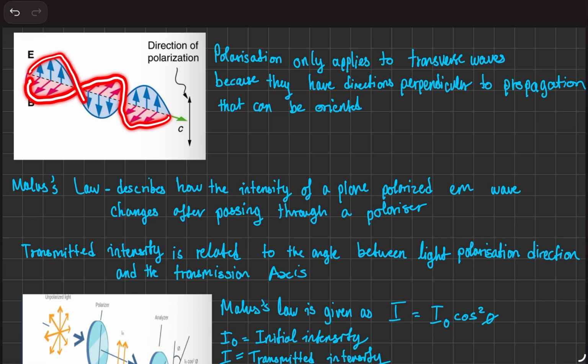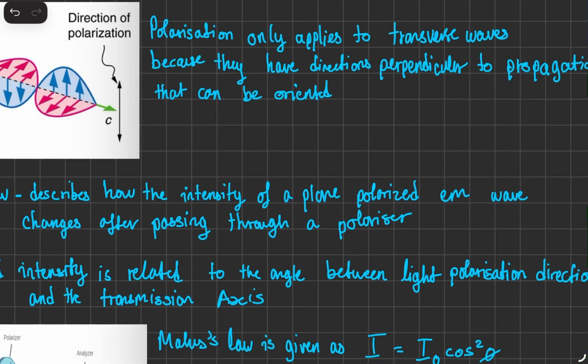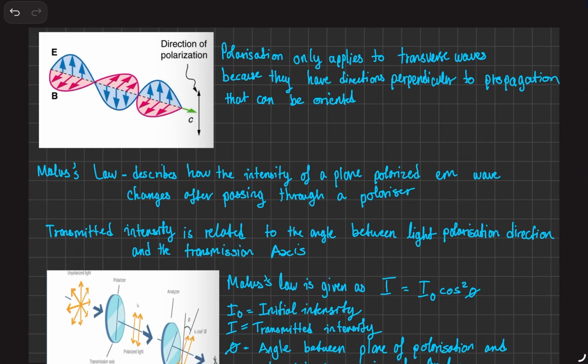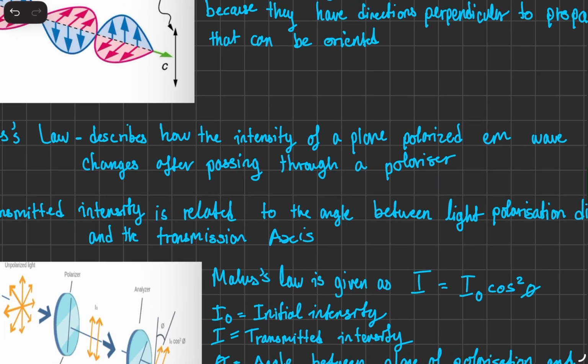We would only get the wave on the top coming through. That is because EM waves have oscillation directions perpendicular to the propagation, and they can be oriented so that it blocks out one oscillation and displays only one.